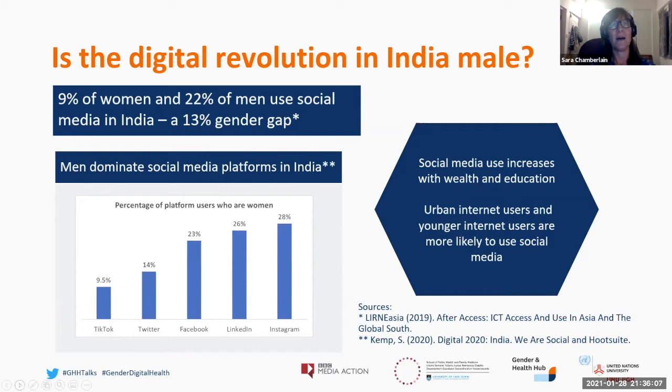According to a report published by We Are Social and Hootsuite in January 2020, men dominate social media platforms in the country. As you can see from this slide, only 14% of Twitter's users and only 23% of Facebook users were women in January 2020.